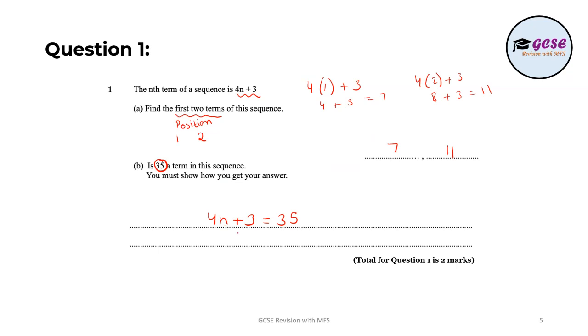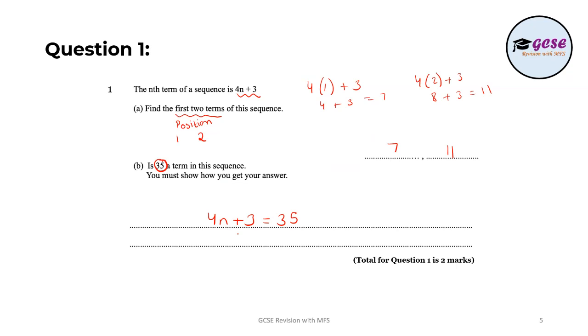Get n by itself. So we're adding 3 on this side. So you're going to do the opposite, subtract 3 from both sides to get that 4n is equal to 32.